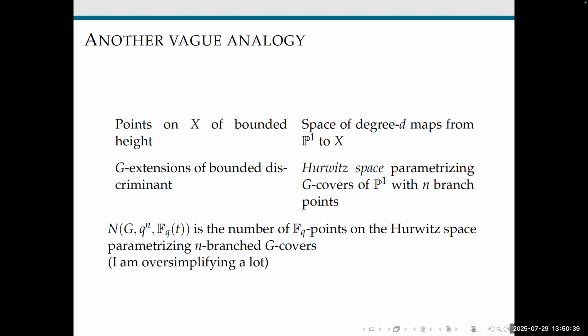Once again, the counting function that Malle asks about turns out to be the number of F_q points over a finite field on this moduli space. So we ask what happens as n grows, because on the left, our discriminant is growing, you see q to the n. On the right, in some sense, the complexity of this space is growing. And we try to see what we can say.